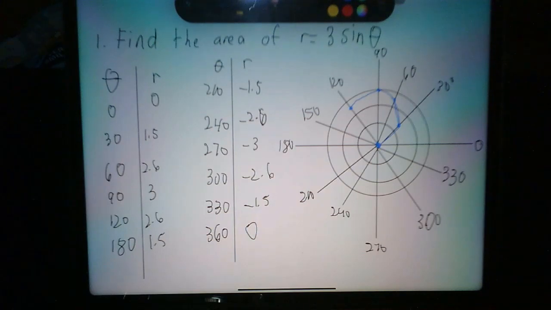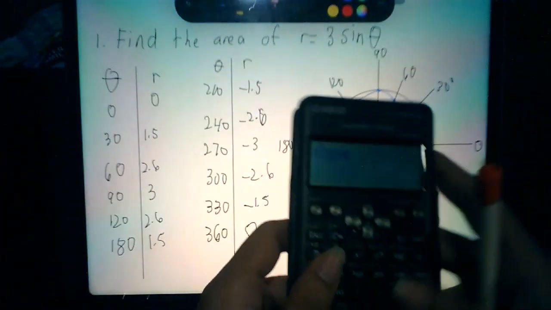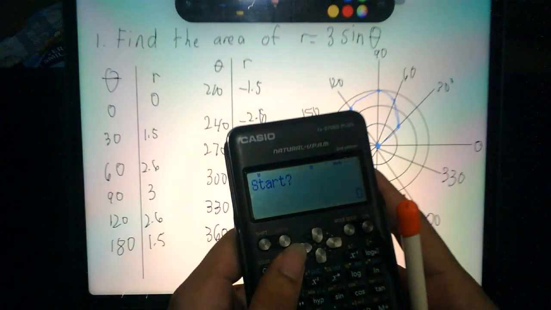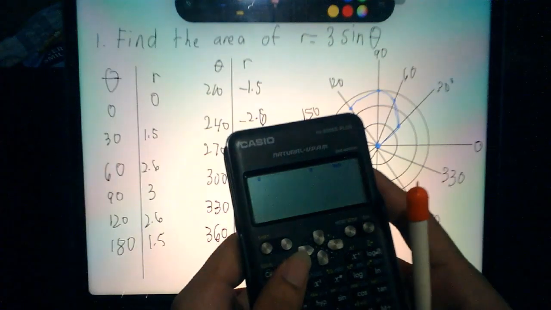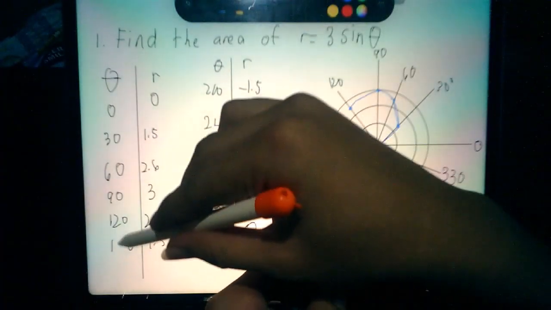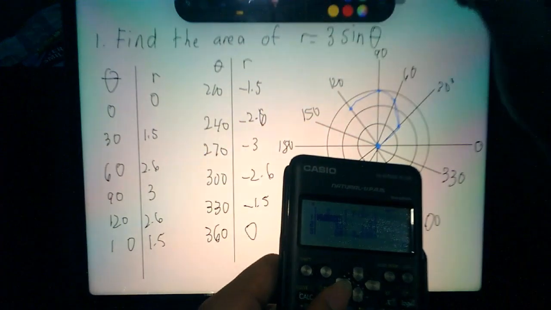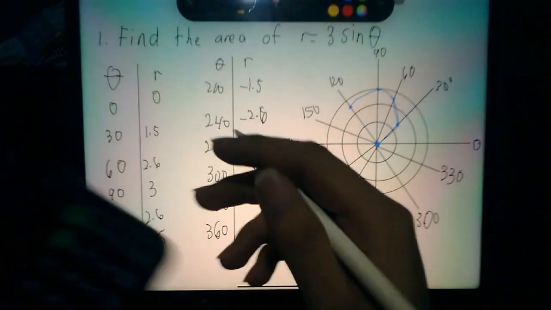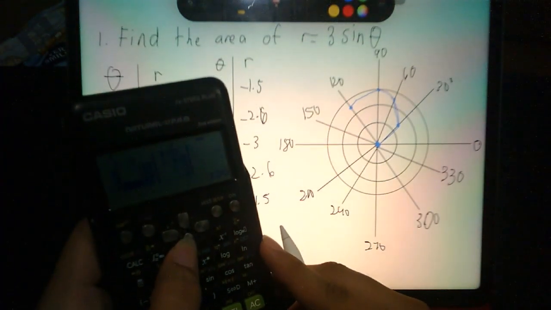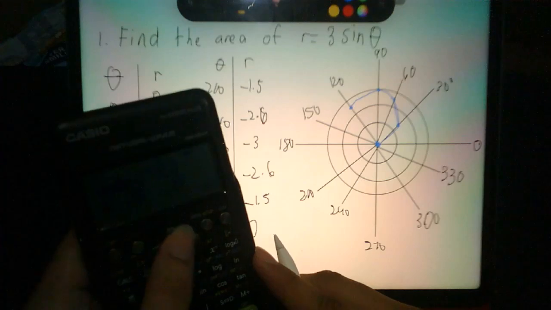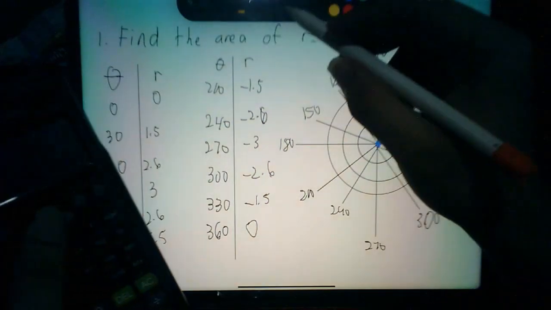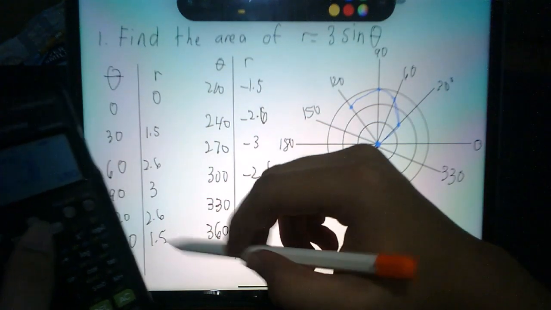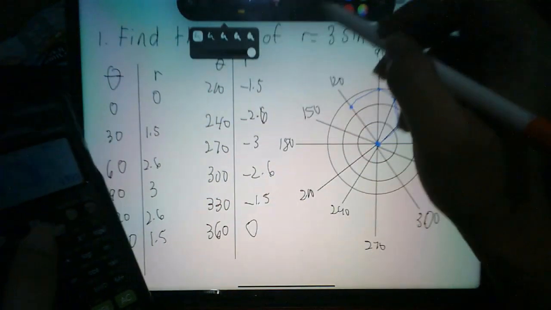Wait, let me try again. 3 sine of x from 0 to 60 from 30. This is 150, 180. So 150 here is equal to 1.5. 150 is 1.5. Yes. And 180 here is just equal to 0.